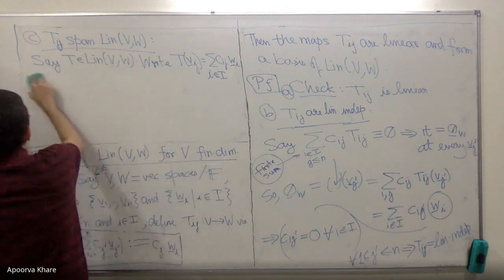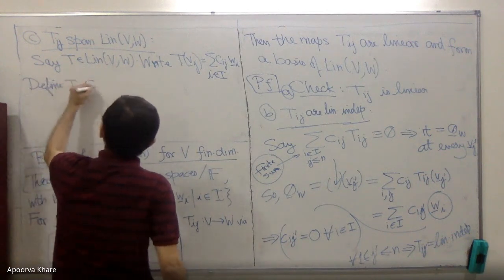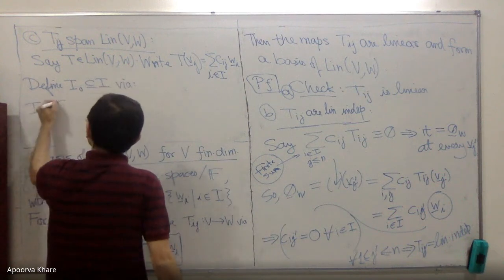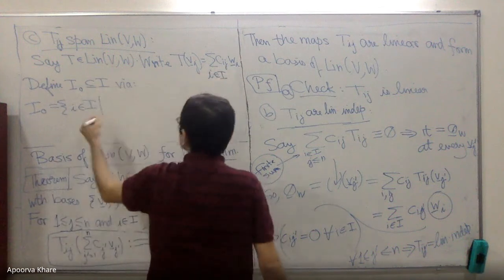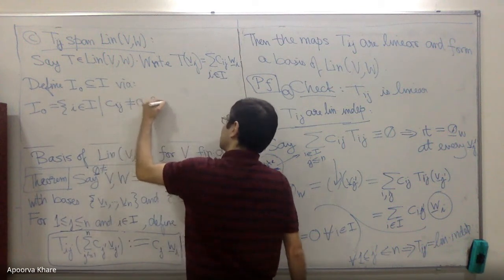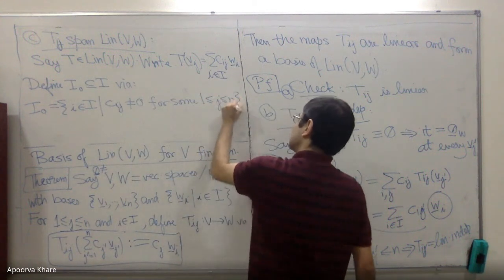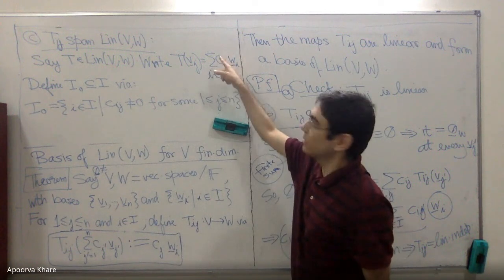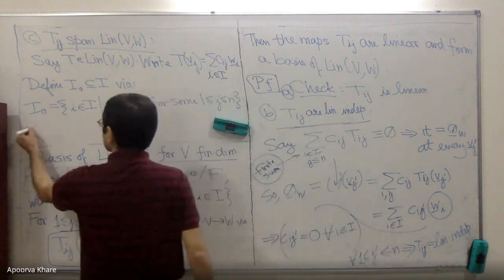Define I naught as the set of i such that Cij is non-zero for some j. Now, because for every single j this is a finite sum, there are only finitely many, and as a result, I naught is finite.